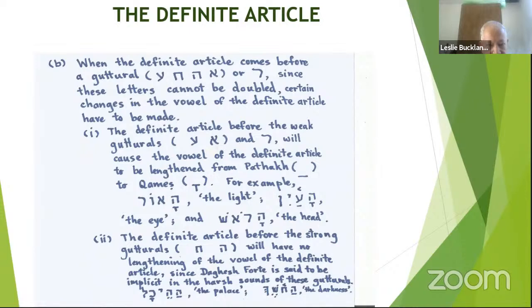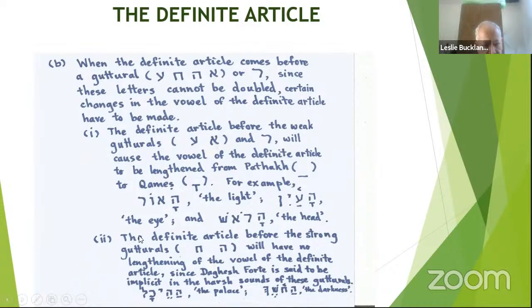Since the consonant is a guttural letter and it cannot be doubled, the vowel underneath the he has to be lengthened to its corresponding long vowel from pathak, which is a short a, to kames, which is a long a.